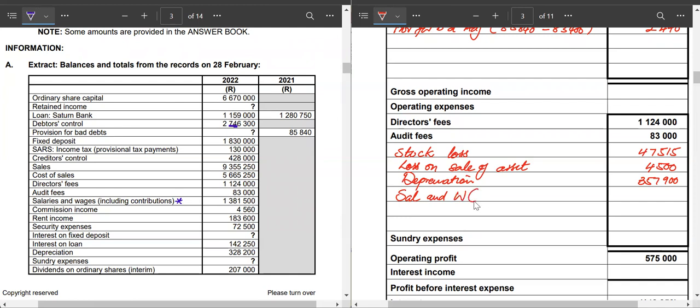And then I open my bracket and I have an amount that is 1,381,500. So I'm going to take that amount and record it in my statement of comprehensive income. So I'm coming here, I'm going to say 1,381,500.